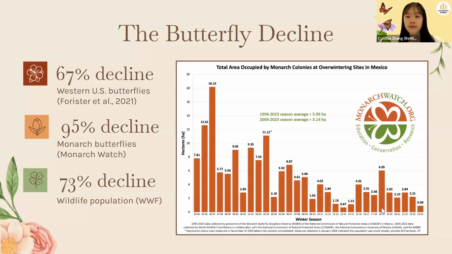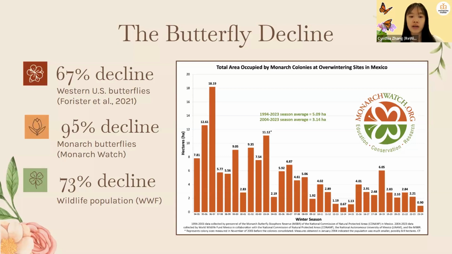As you can see from this graph, monarch butterflies have declined from 18.19 hectares to 0.9 hectares this year. And that means that there are fewer monarch butterflies occupying overwintering sites in Mexico. So this has been an ongoing problem.